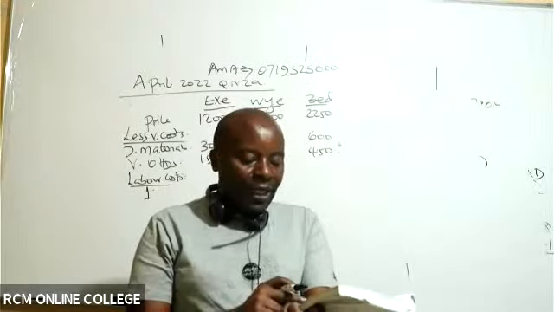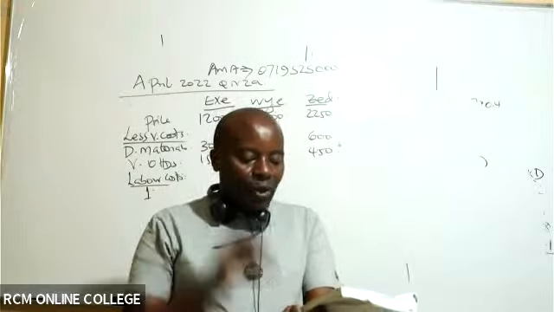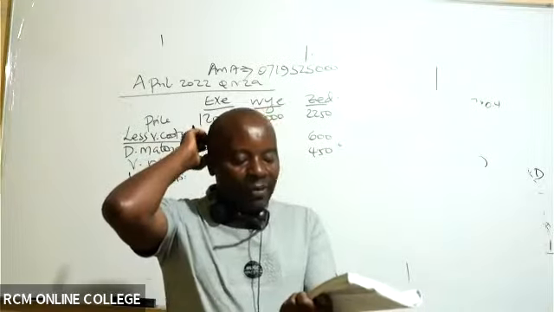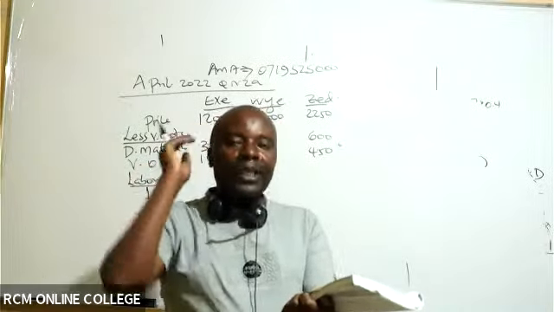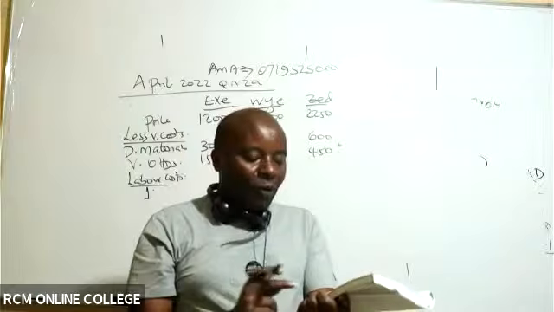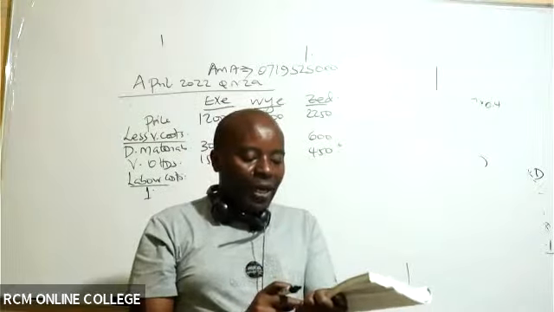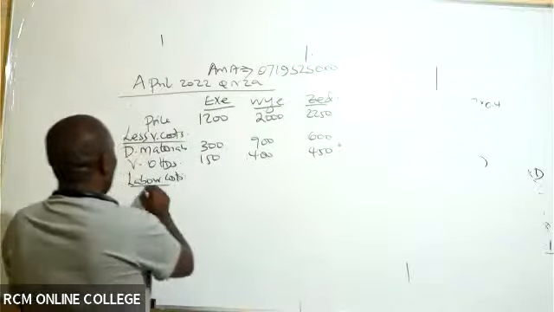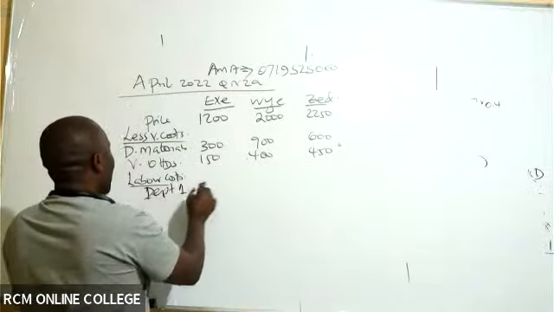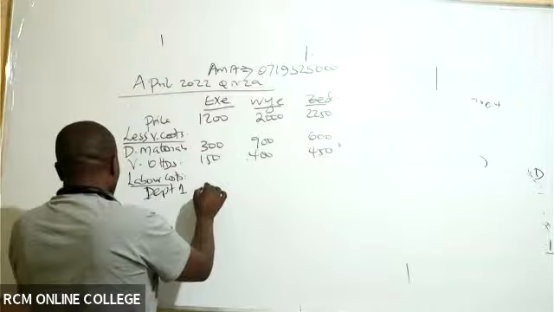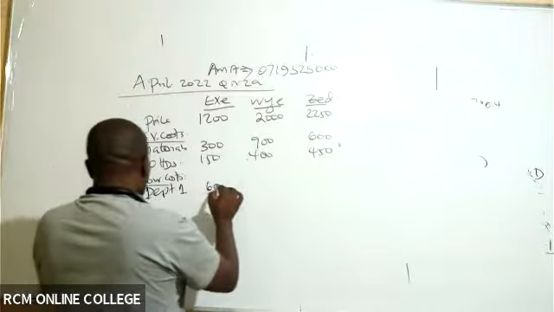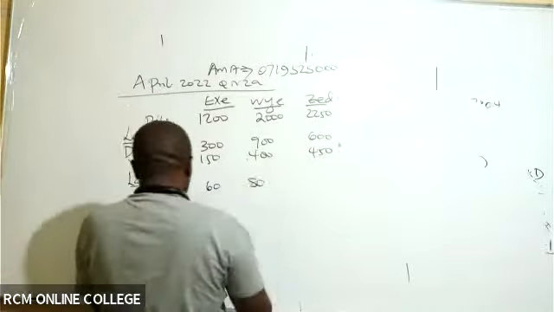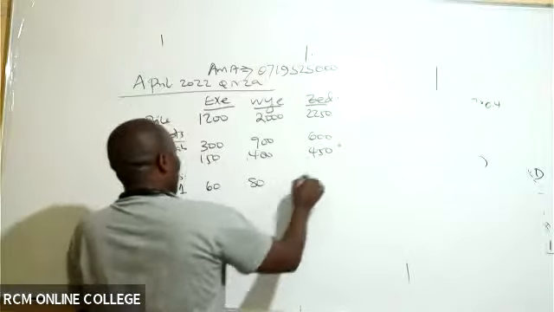They have given me department 1 to 3, the rate per hour, and the labor requirements per unit in terms of hours. For example, department 1, X is 3 hours, so I know the labor cost will be 60, 80, and 120.